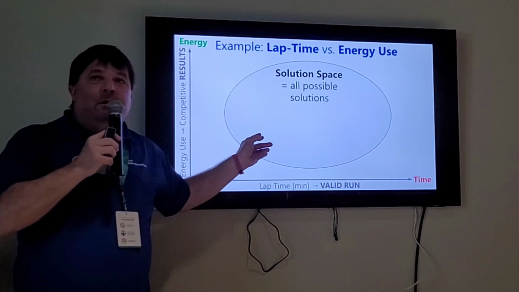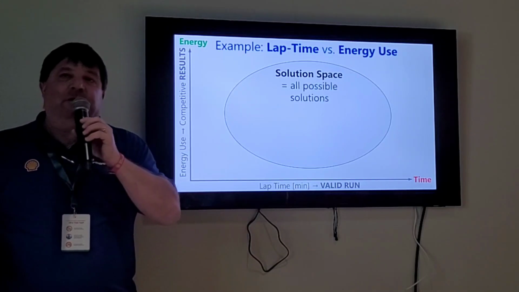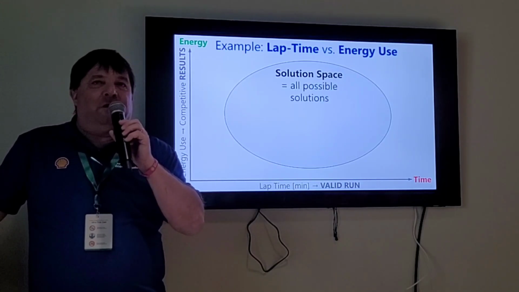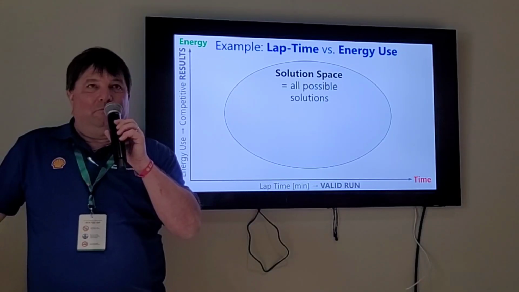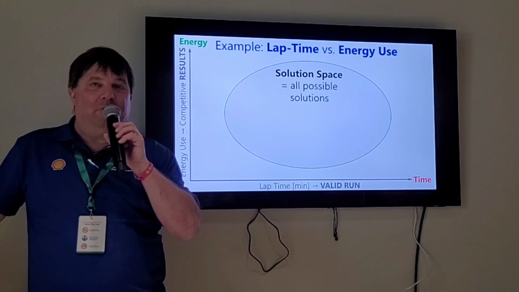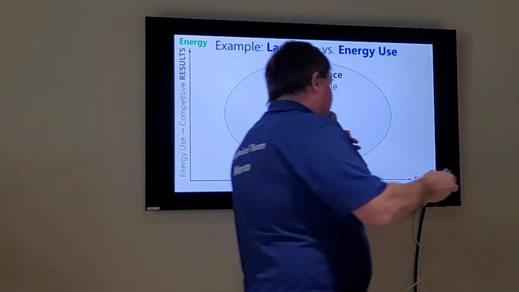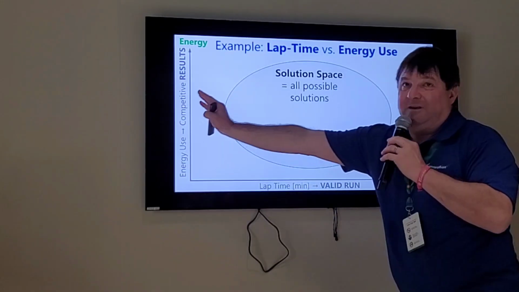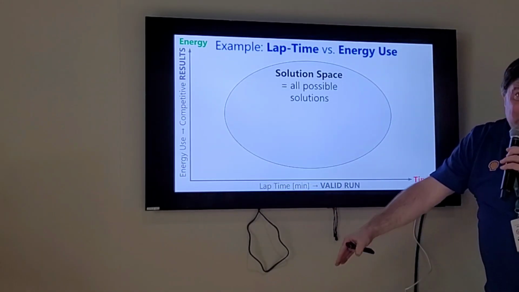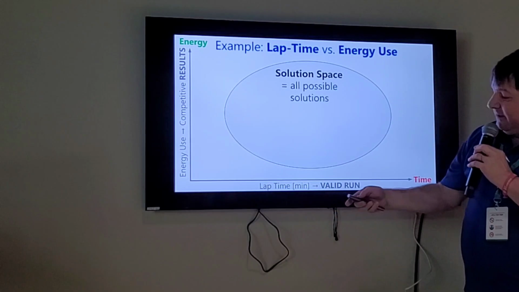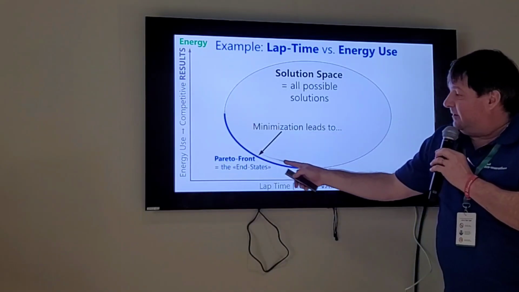shape. Now let's go a step further and say, what if you want to have everything at a minimum? Minimum lap times, minimum energy use. So everything minimum means it goes to the left here, it goes down here. So you end up in an area where you say, this is the Pareto front.